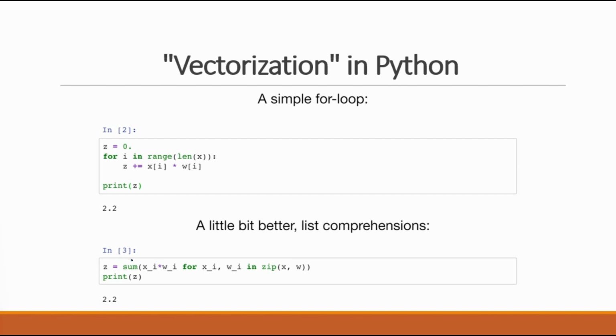Here it's everything on one line. You have something like the multiplication of xi and wi, and then the zip. So here zip is iterating over two lists at the same time. In that way, it's the same thing, it's just a little bit more compact. I would say compact is nice if you care about the number of lines of code, sometimes a little bit harder to read. But anyways, you should be familiar with both ways of writing things, because they are very common in the Python ecosystem.